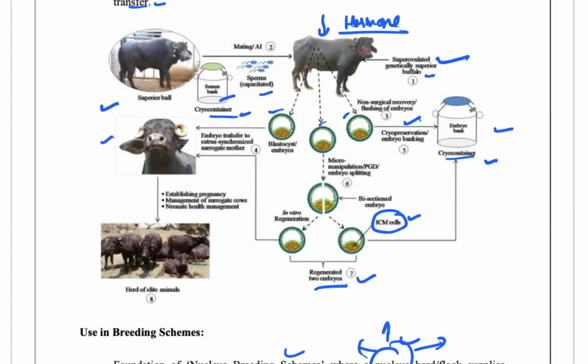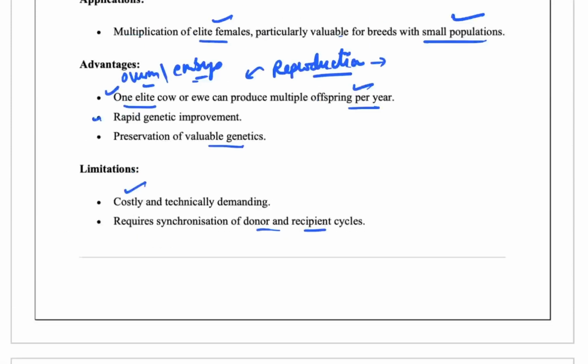Like in this case, you see the embryos are transferred to the estrous synchronized surrogate mother. This is very important. Both need to be in synchrony of their cycle, and then you will confirm the establishment of the pregnancy, and this surrogate will give birth to the new elite animals, right? So basically in this case you are using hormones to increase the number of ovums.